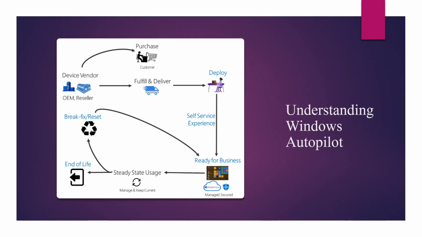As soon as the device is connected and the user signs in using his work account, the device automatically picks up the Autopilot profile deployed on that device and starts the device deployment and registration process by itself. The primary aim of the Autopilot service is to reduce IT effort and let the employees become productive quickly.